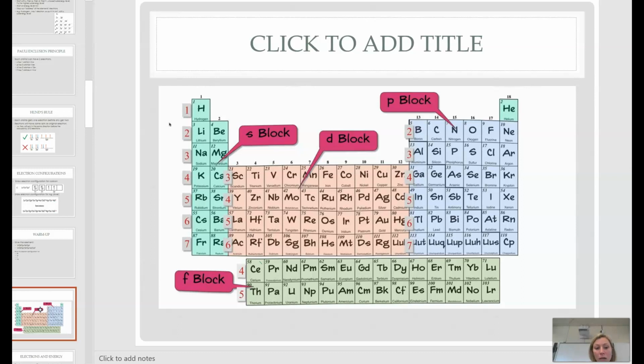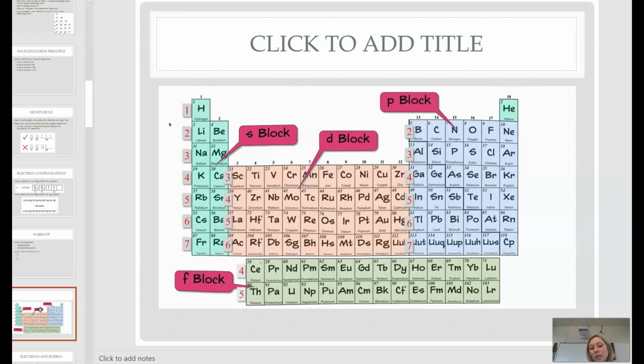Okay. You'll notice that the rows become my principal energy levels. So if you're in row 1 at the top, you're energy level 1. If you're in row 2, you're energy level 2, 3, 4, and then you'll see that the D blocks are labeled differently because the D sub-energy level starts in energy level 3.